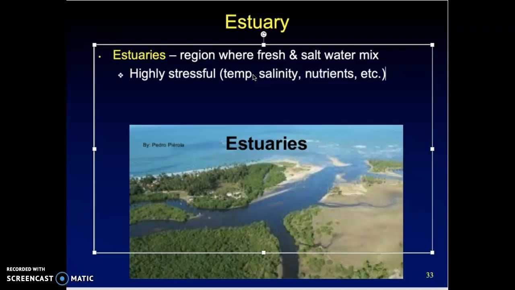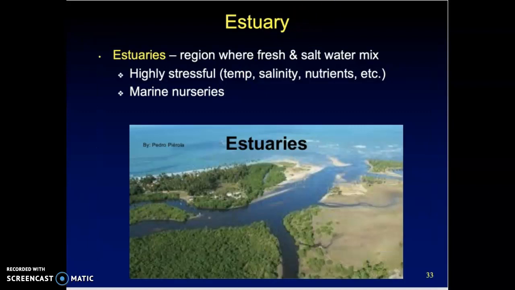But estuaries are highly stressed environments. Salt's constantly changing, temperatures changing, all those things are changing. But these are also known as the marine nurseries. Lots of biodiversity here, lots of productivity in the estuary. Terrestrial species come to the estuaries to reproduce, so do marine species.